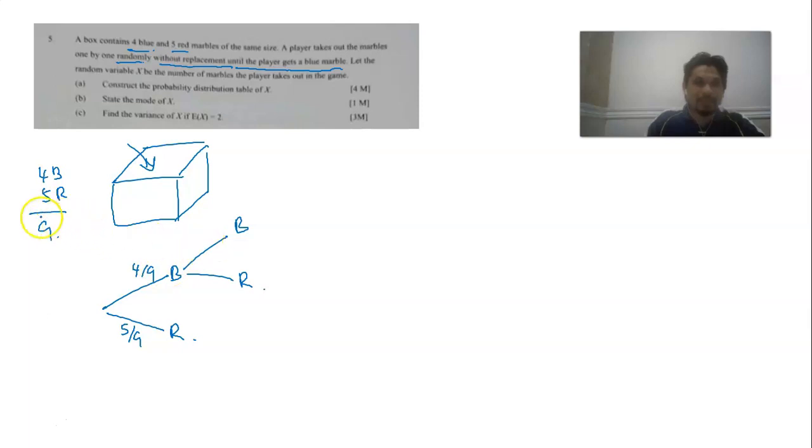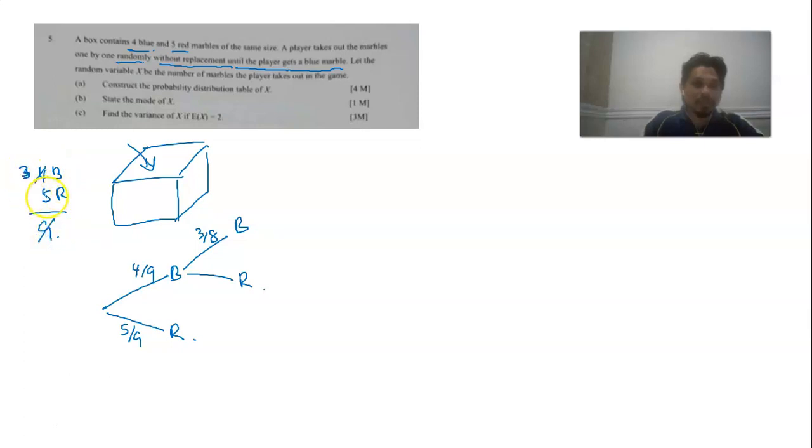If the first ball is blue, 4 out of the total of 9, then the second time the number of balls has been reduced from 9 to 8. So if the first is blue, the second time it will be 3 over 8, since the number of blue balls goes from 4 to 3.